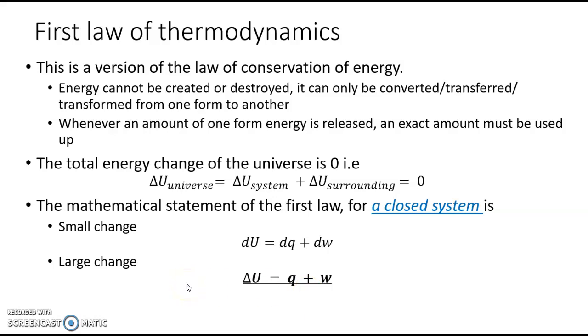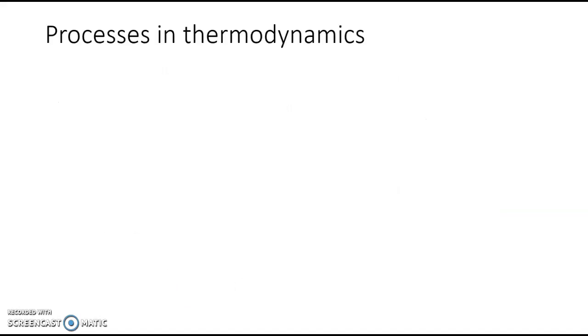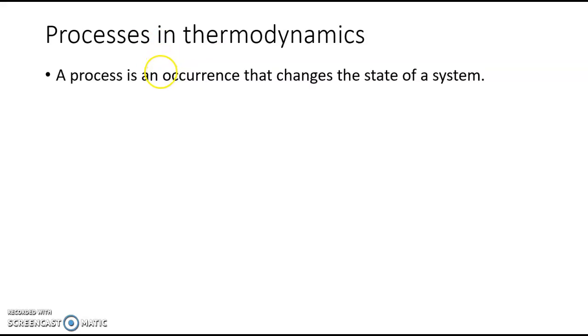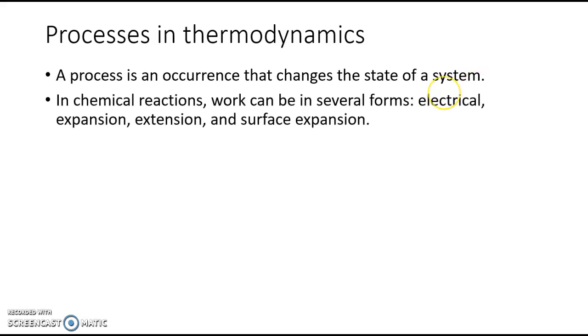Okay, so we introduce the processes in thermodynamics. Remember, thermodynamics studies energy changes. A process is any occurrence that changes the state of the system, that changes the different variables of the system.